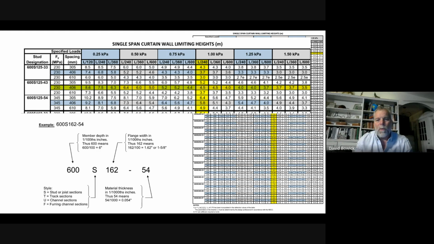There is the flange width. So remember that the stud is sort of C-shaped. First number is the depth. Second number is the width. So 1.62 is 1.62 inches, or 1 5/8 inches wide. And then the last number is the material thickness. So studs are made with various thicknesses of material, and that particular example, 54 1/1000ths of an inch. So these are imperial designations.